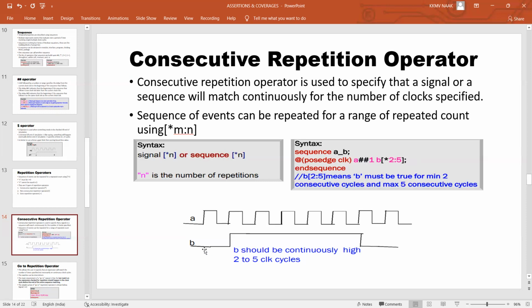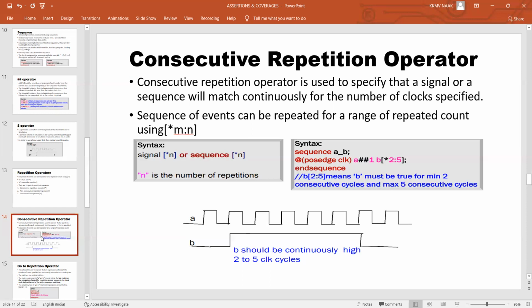Consecutive means continuously. When A is asserted high, after double hash 1, that is after 1 clock cycle, B should be high for a minimum of 2 to a maximum of 5 clock cycles, up to here, and after that it will go low. It should be continuously high within the range. Clear, everybody?